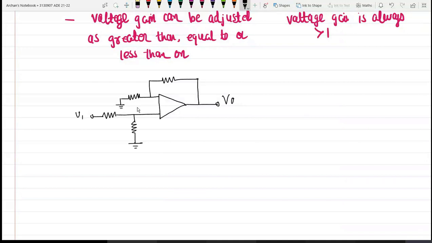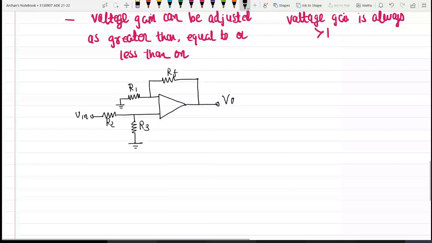Okay, this is my V in, this is R1, this is RF, R3 and R2 are there. Okay, so here this is terminal B and this is terminal A.